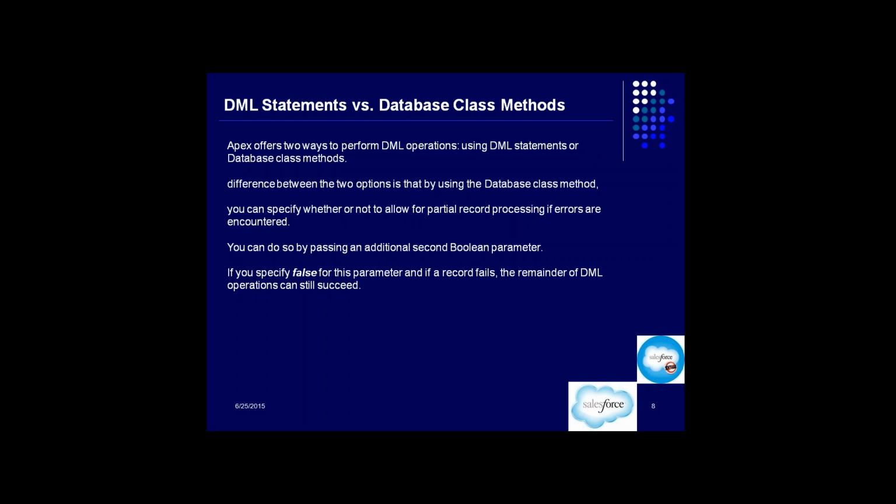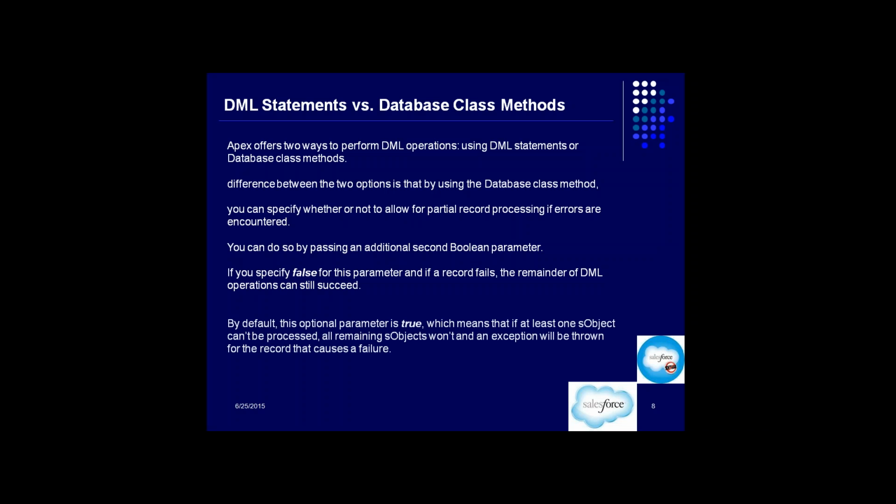If you specify true, then it will act the same way as a normal DML statement. By default, this optional parameter is true, which means that if at least one sObject can't be processed, all remaining sObjects won't, and an exception will be thrown. Correct? So by default, that parameter is true.